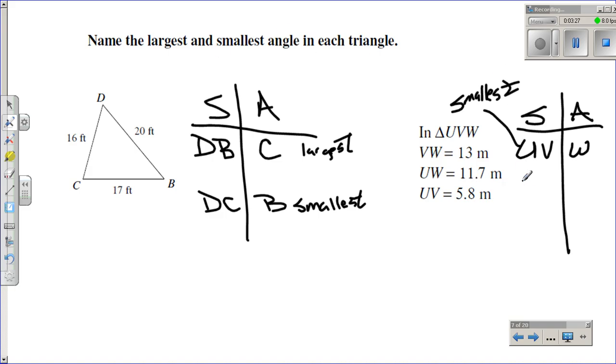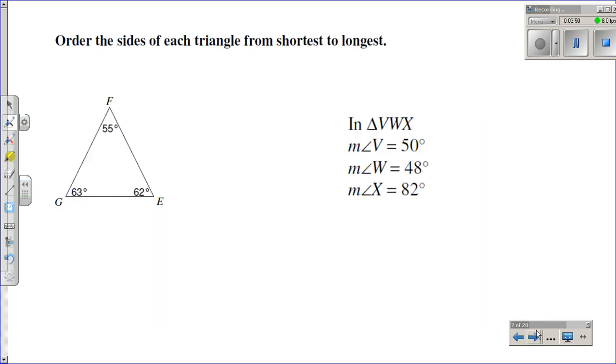The largest side is BW, which is 13. So BW, what letter's missing? U. So then U would be the largest. So that's the smallest side, smallest angle, largest side, largest angle. Really simple if you set up this chart.